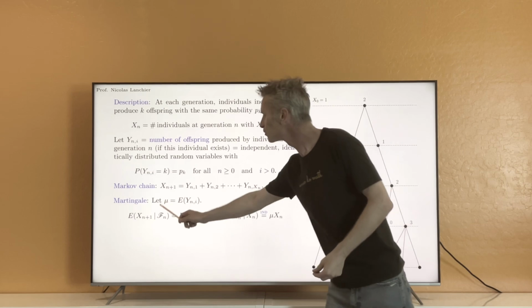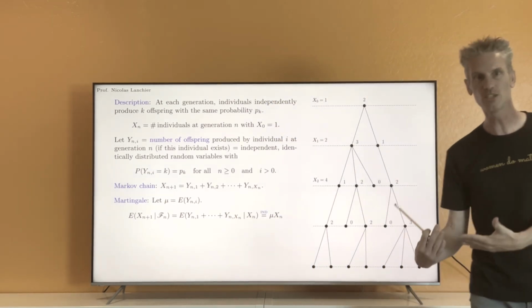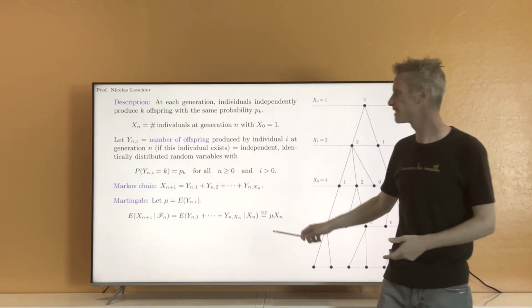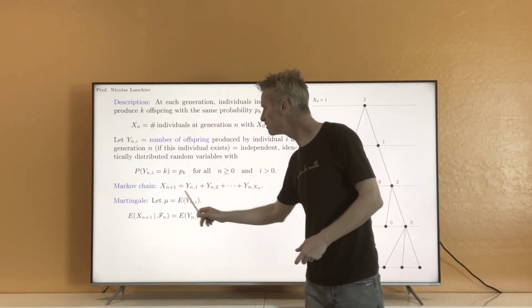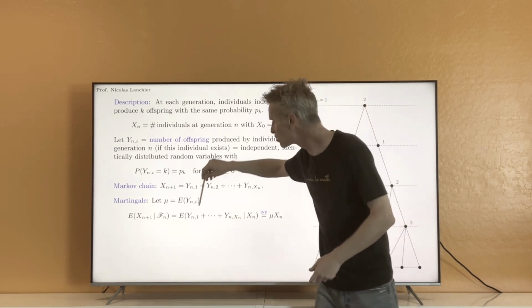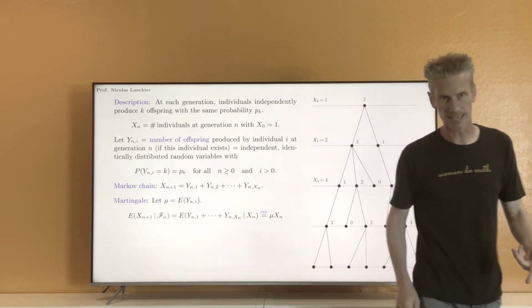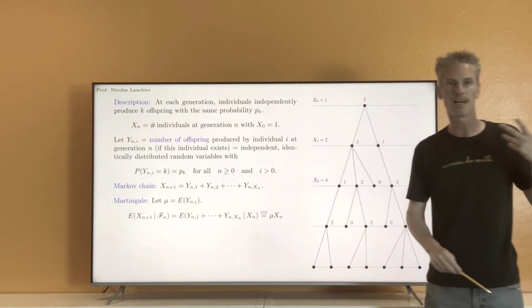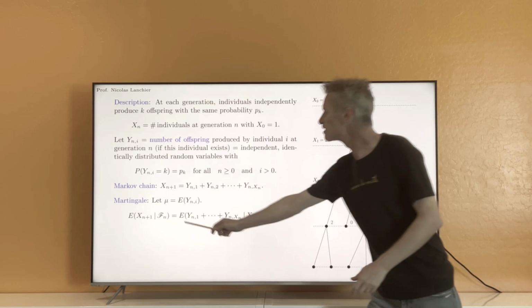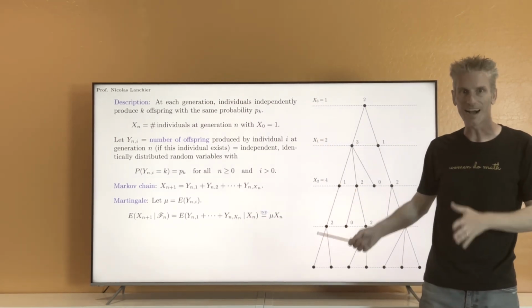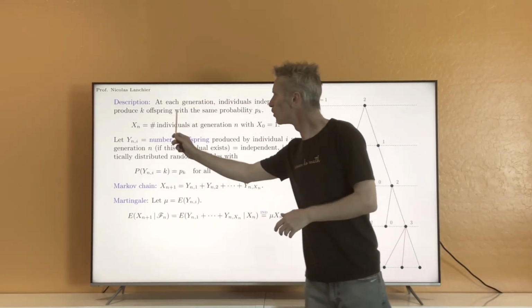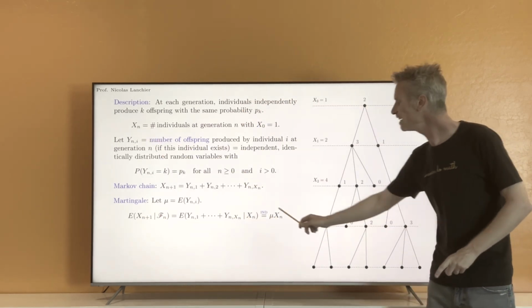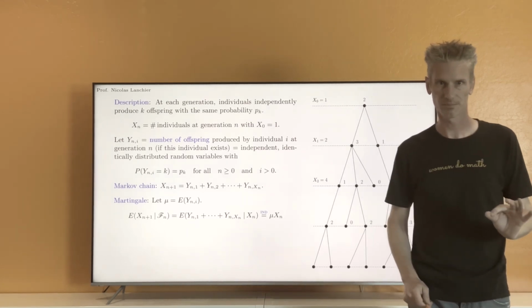That's why I introduced this mu before. That's the key quantity. This conditional expectation is equal to X_n times the expected value of Y_{n,i}, because those Y_{n,i} are independent of X_n. And so eventually that gives you mu times X_n. All right. So this tells you at least that your Galton-Watson branching process X_n is a martingale if mu equals 1.